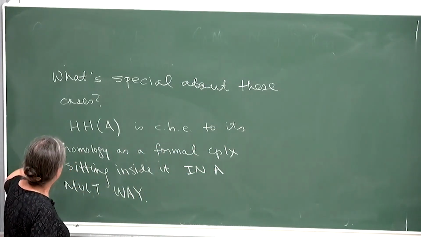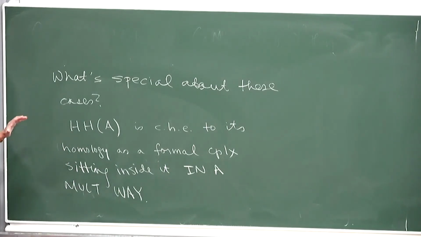And what happens is that the map that sends a thing to its homology class is not surprisingly multiplicative.